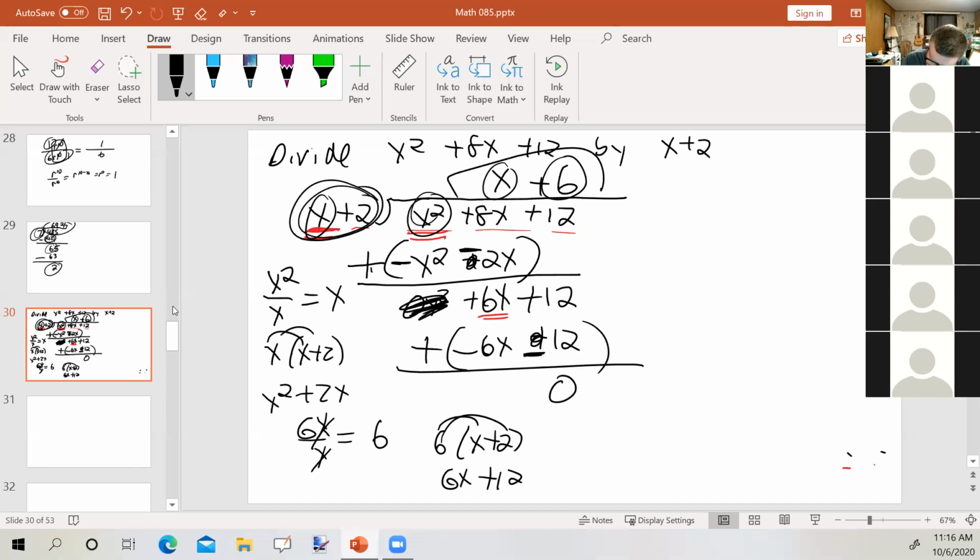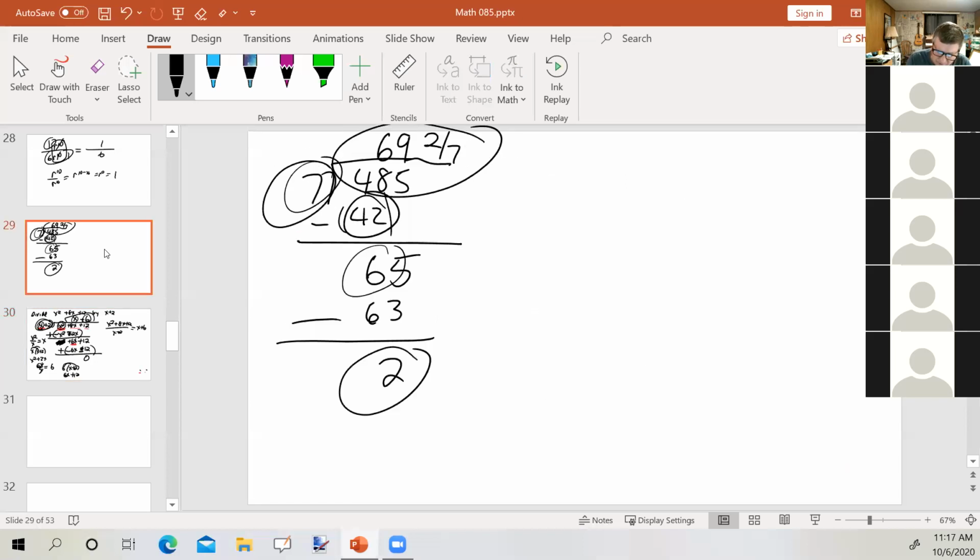So in other words, x squared plus 8x plus 12 divided by x plus 2 equals x plus 6. Was there a question there for somebody? Nope. Okay. How would you check your work? Well, let's go back to this one. How do you check your work? You take 69 times 7, 3, 6, let's see, 48, and then plus the remainder, and you get 485.